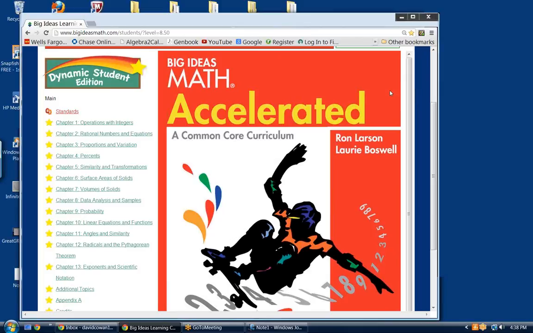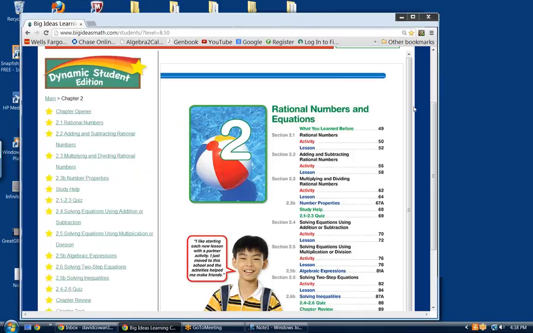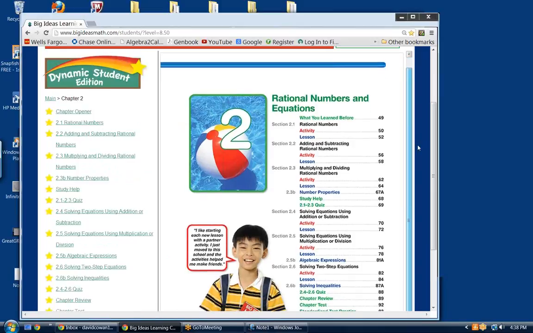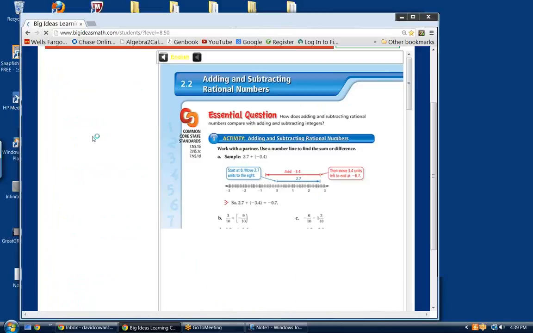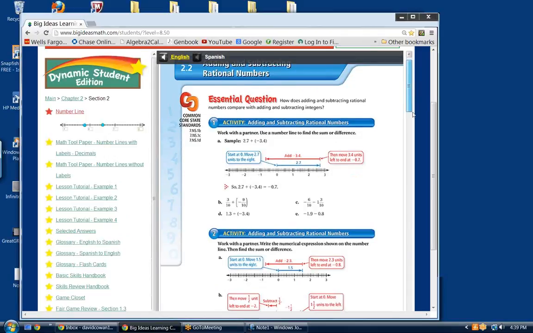So go to chapter 2. Should be. Okay. Page 54 through 55, which is on the little screenish type thing, and go to section 2.1.